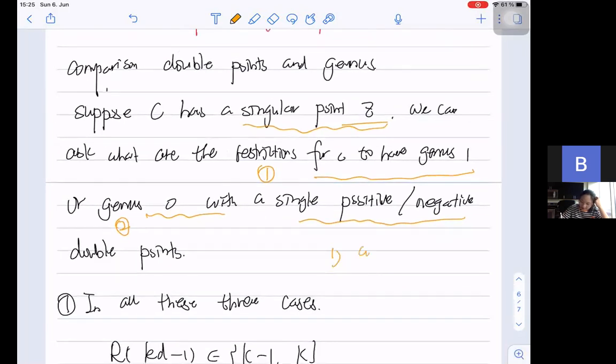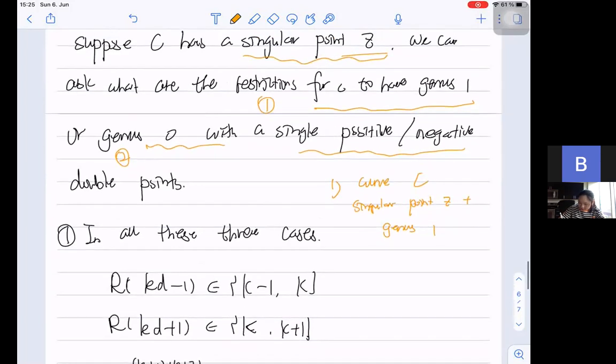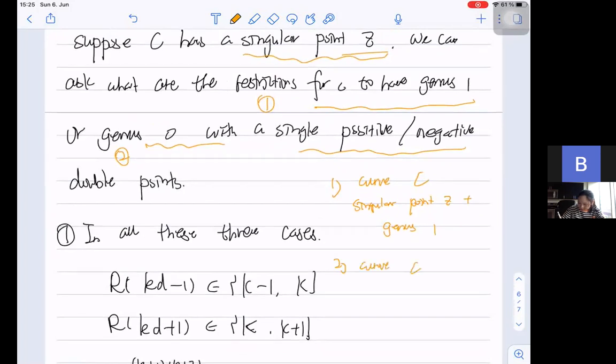The first case is a curve C that has a singular point Z plus genus 1. Or the second case is to find a curve C that still has the singular point Z, but now we require genus 0 plus a positive or negative double point. This question of comparing these two situations is asking whether you can trade the genus for a positive or negative double point.